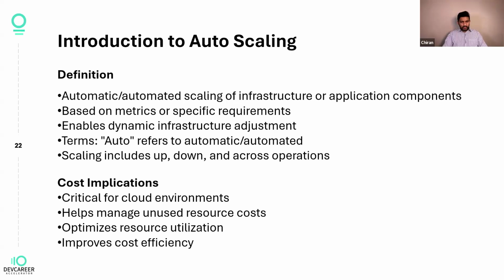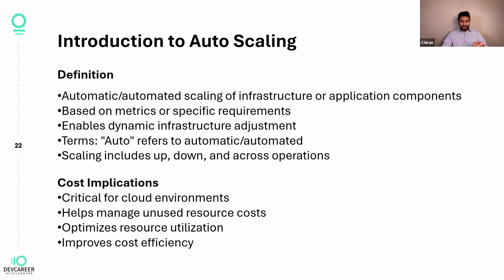What it does is automatically scale your infrastructure based on metrics and specific requirements that you define. It enables dynamic infrastructure adjustment. Dynamic means it happens whenever it needs to happen.